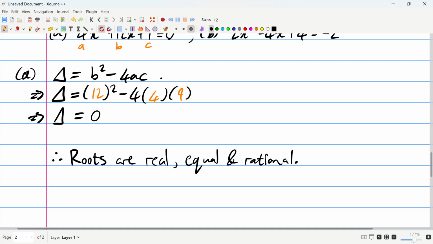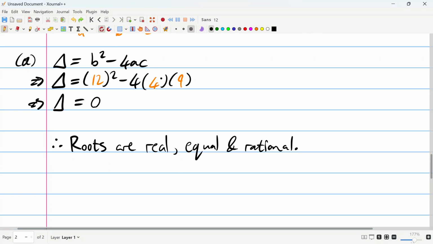So that's how we're actually going to answer the question. If it's anything similar that has all these key points saying that roots, remember the plural, that are real, equal, and rational. Okay, it has to have those 3 key points.